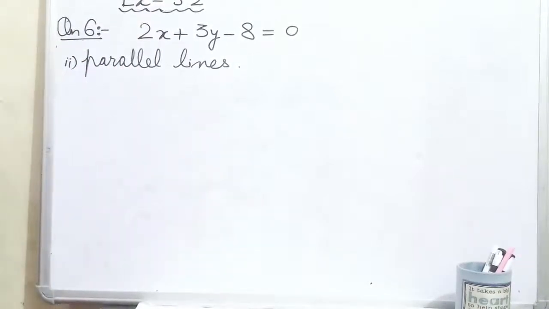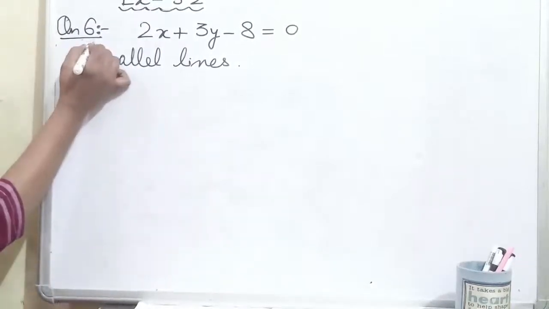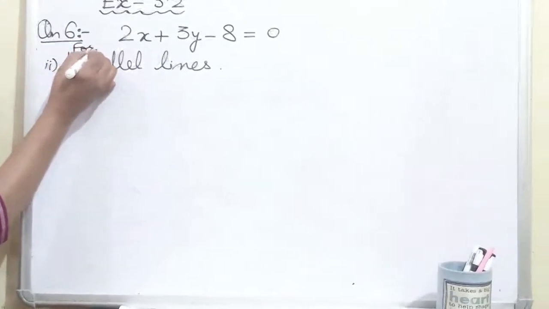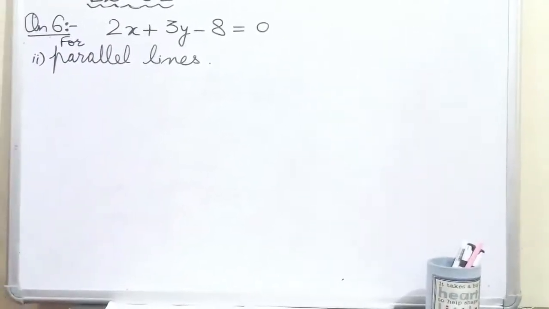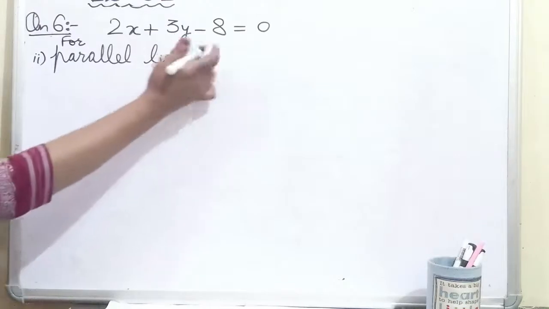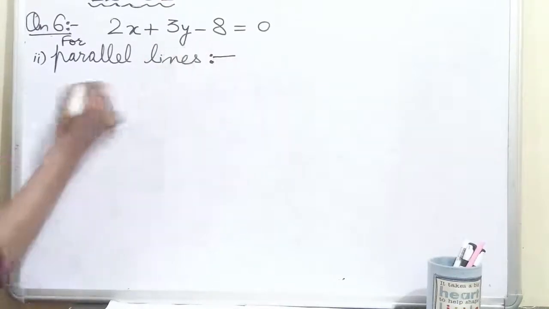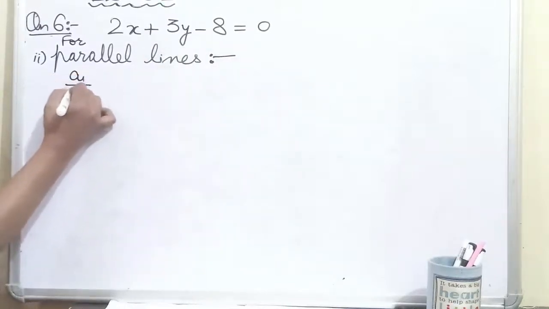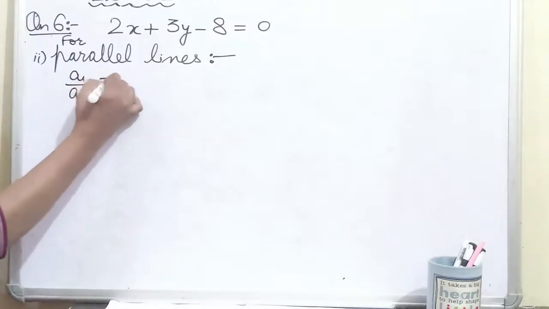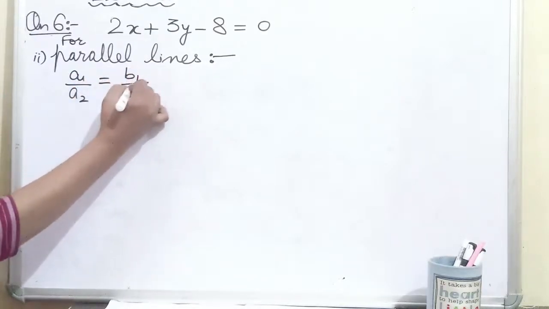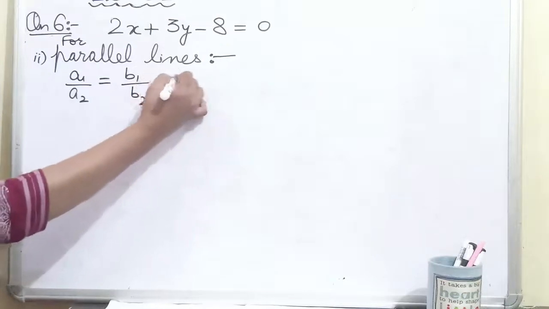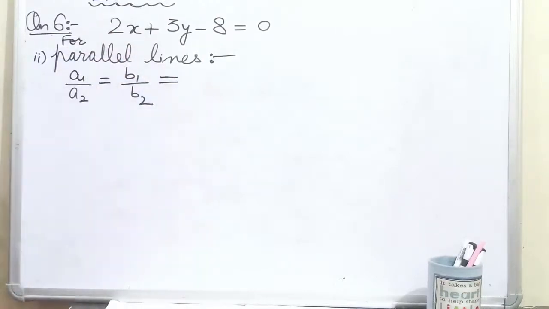So we know that for parallel lines, what is the condition? Tell me the condition. For parallel lines, the condition is A1 by A2 is equal to B1 by B2, and is it equal or not equal?